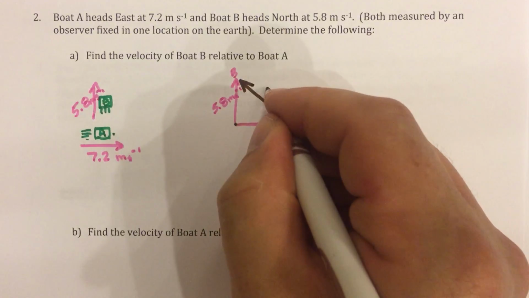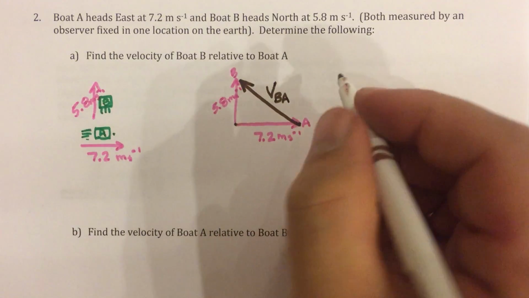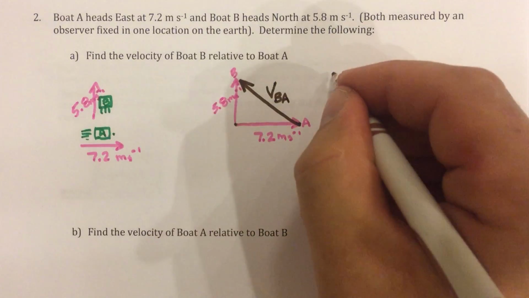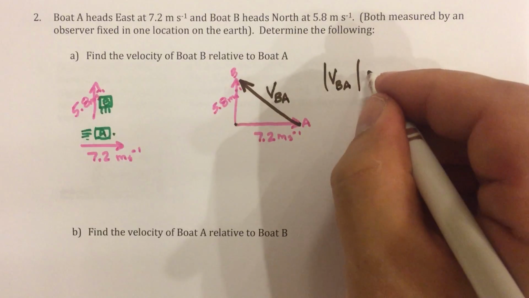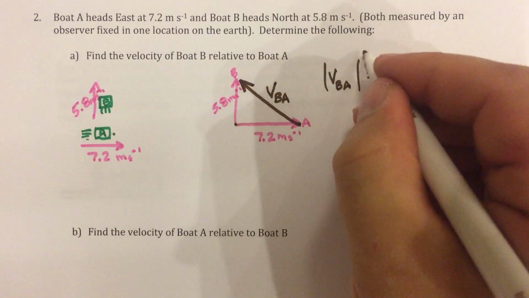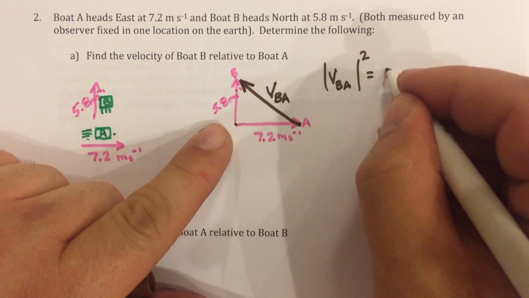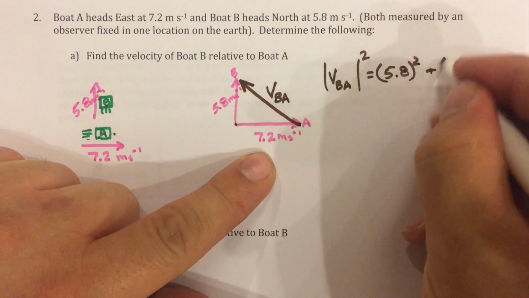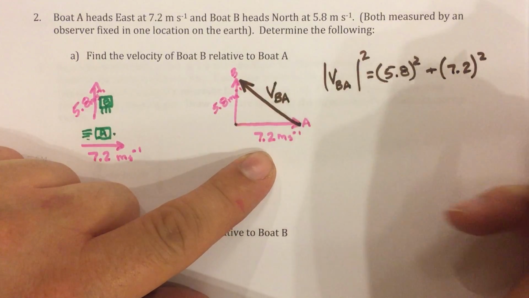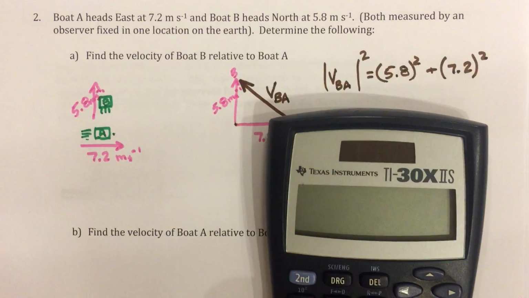The magnitude of the velocity of B with respect to A squared is equal to 5.8 squared plus 7.2 squared. And we could solve for the velocity of BA.